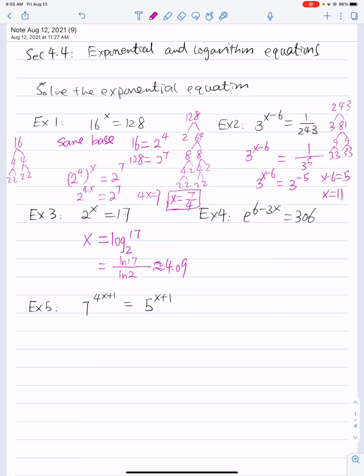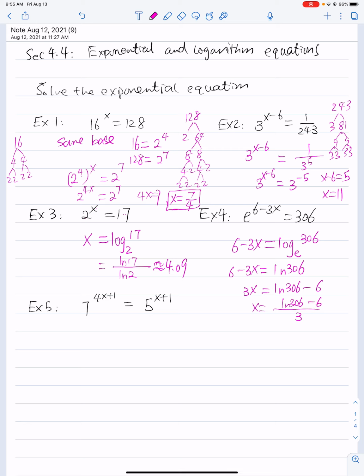What should we do for this one? Log base e, keeping the same base: 6 minus 3x equals ln 306. Then solve this: 3x equals 6 minus ln 306, so x equals (6 minus ln 306) over 3.